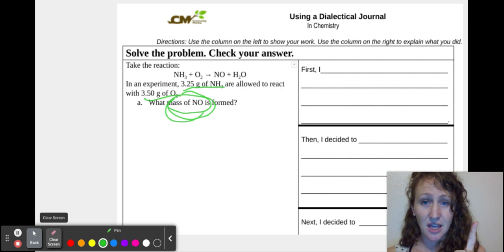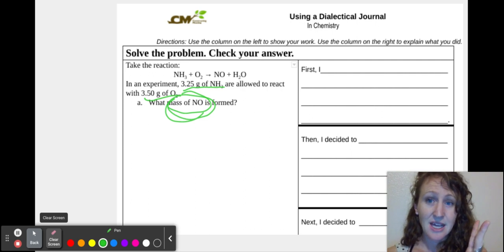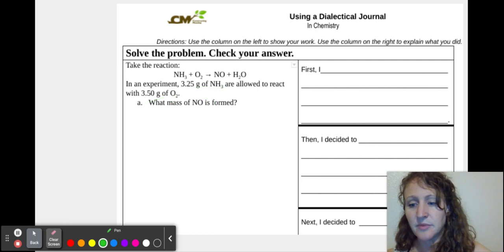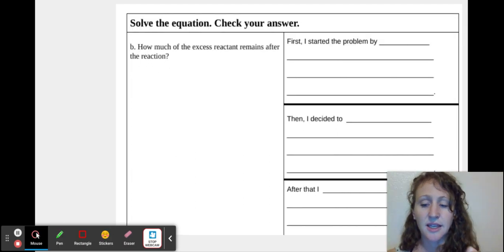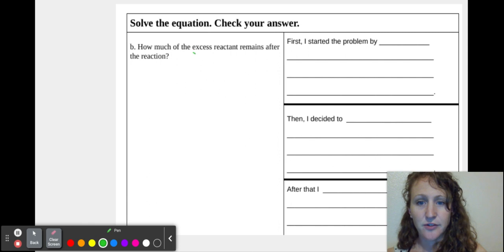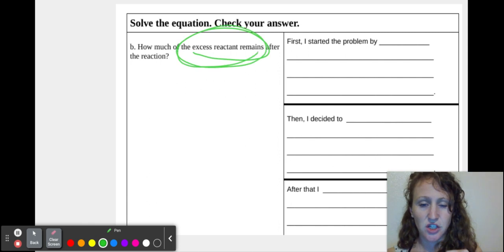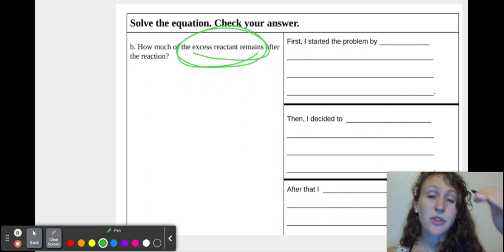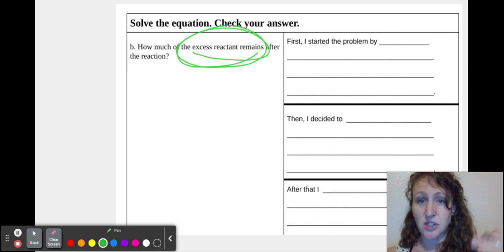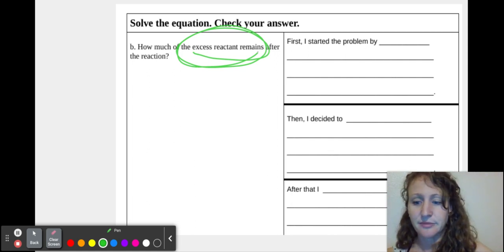We have to find out A, what's the limiting reactant, and then B, how much of the product we can make. If we go on, there's a second question here, which is how much of the excess reactant remains after the reaction is finished. And so there's really three different things that we're going to go through and be able to find. And we're going to write instructions for ourselves for these things as we work.